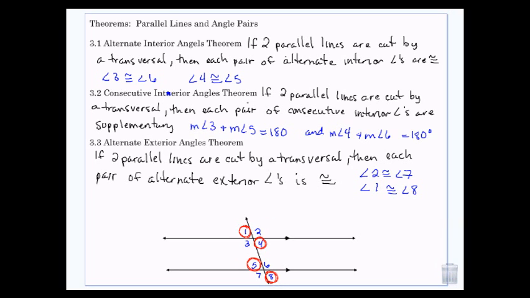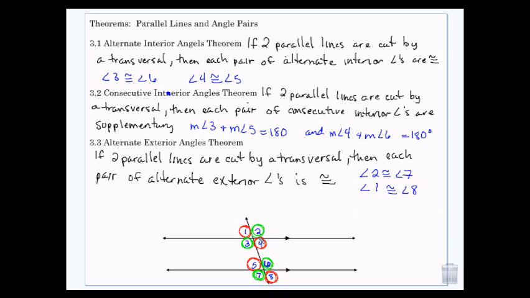Now, if I know angle 1, I can find angle 3 because I can subtract from 180. Well, if I know angle 3, I know angle 2 because of vertical angles. And then 3 and 7 are corresponding, and 6 and 7 are vertical.